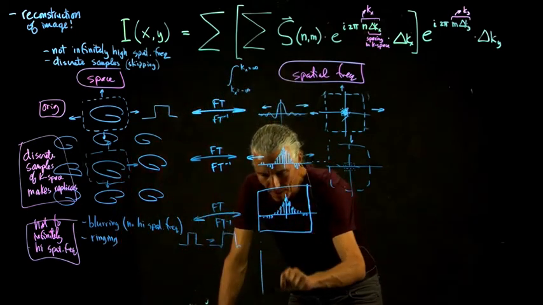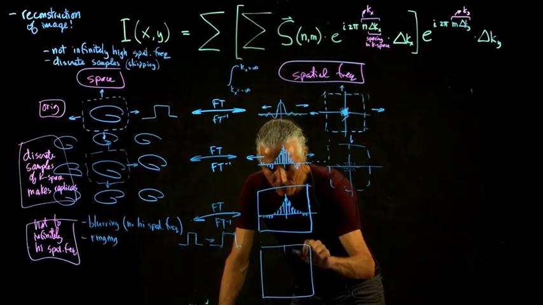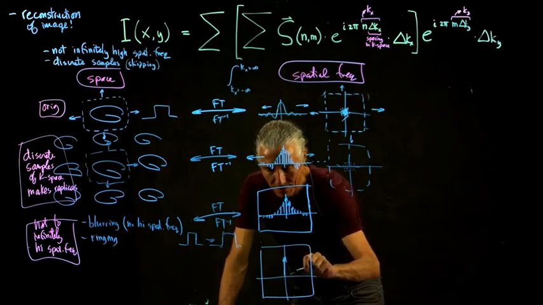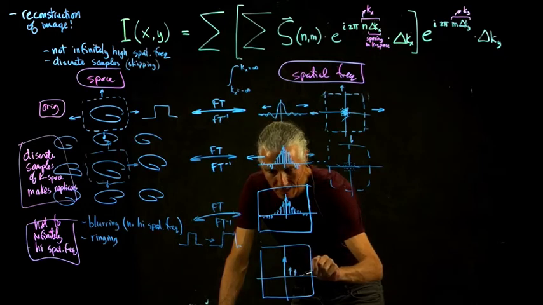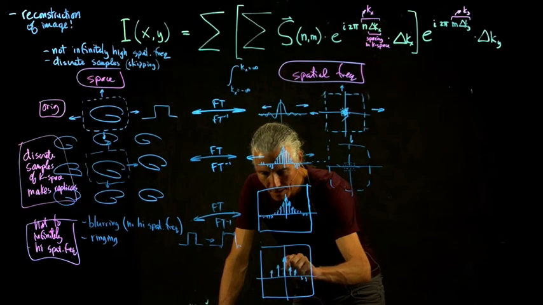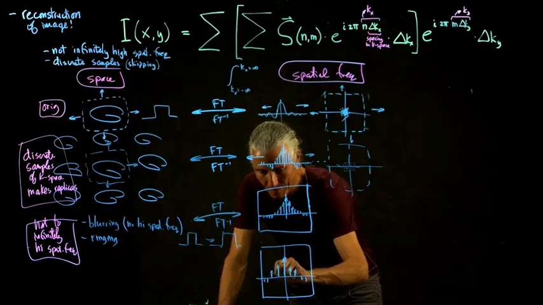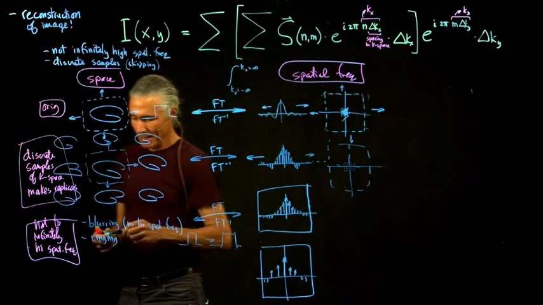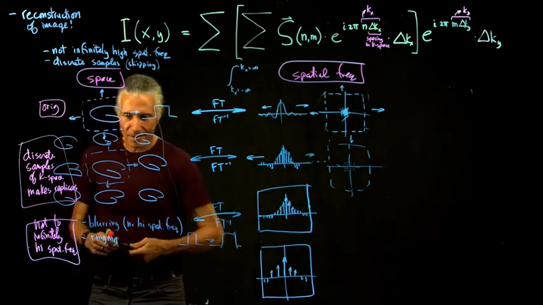And I'll talk about this a lot more next time, what if we don't sample k-space densely enough? So what if we space out our samples like this? Then we have the tragedy of wraparound.